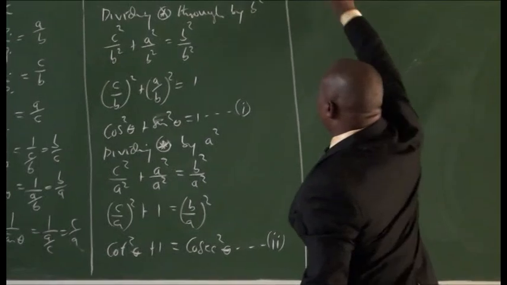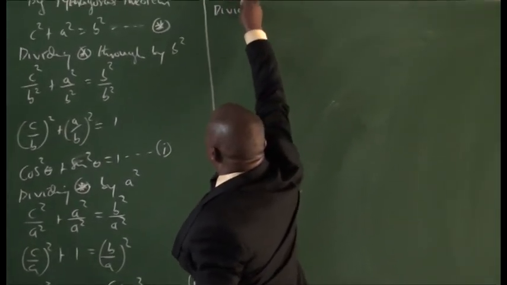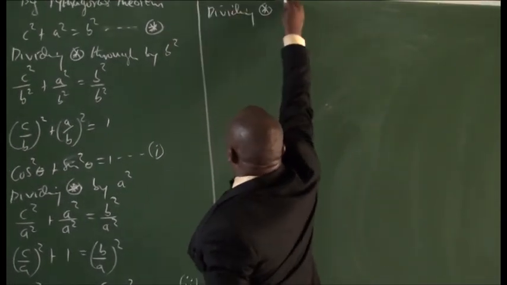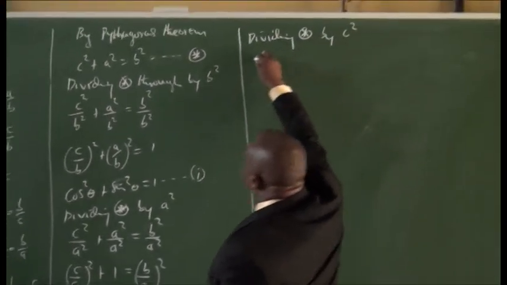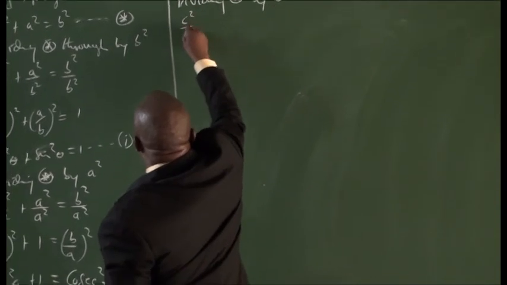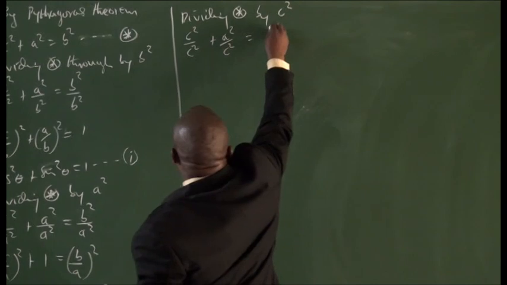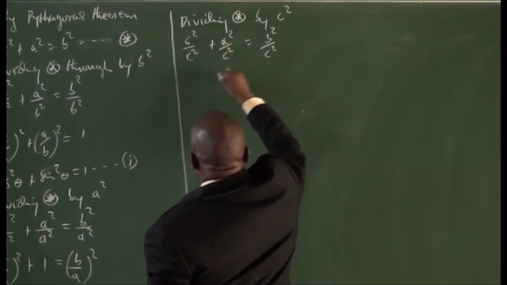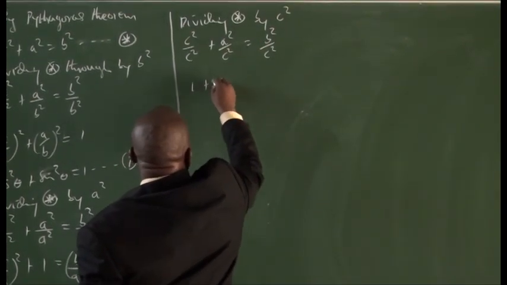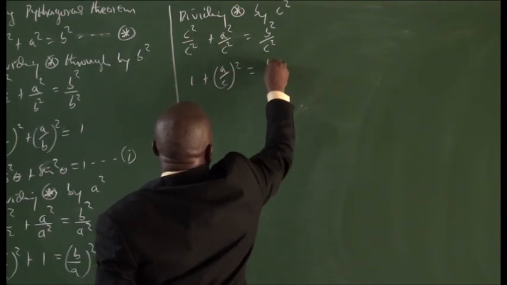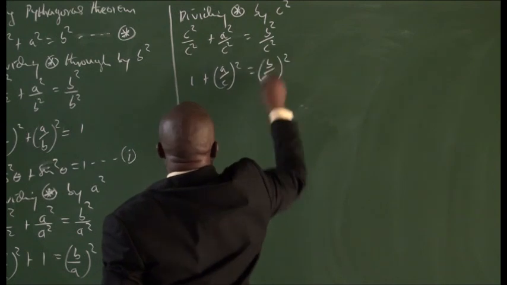We can also see that if we divide the star equation by C square, we'll have C square over C square plus A square over C square equal B square over C square, which we can write as 1 plus A over C all squared equal B over C all squared.